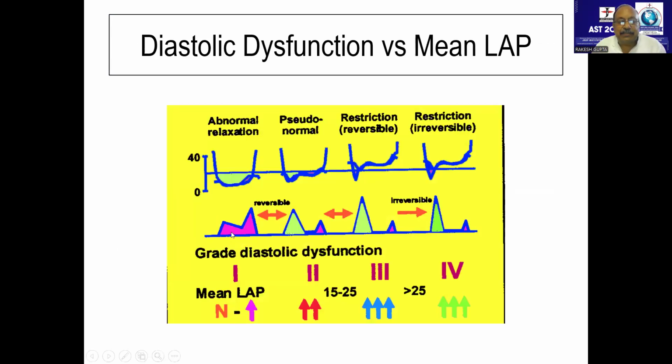Over a period of time, if my heart becomes more stiff, the relaxation process will go away completely. The E wave becomes still taller to open the mitral valve and push blood from LA to LV, and the atrial kick would be very small.